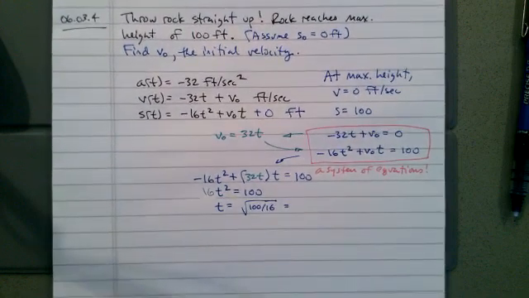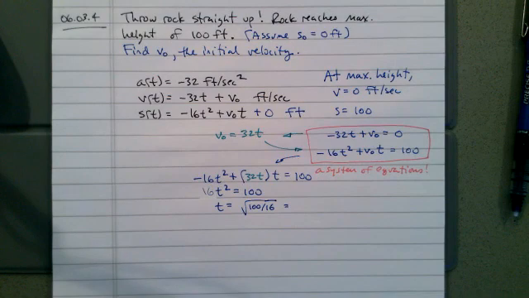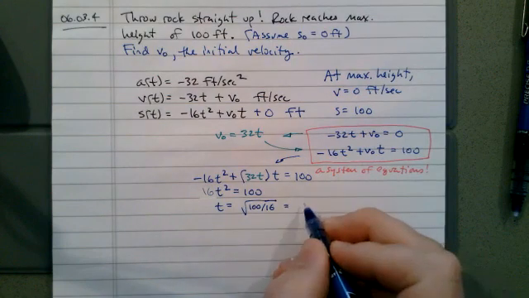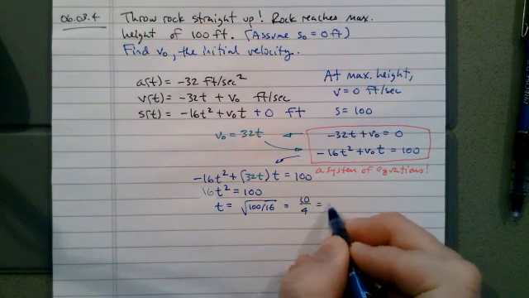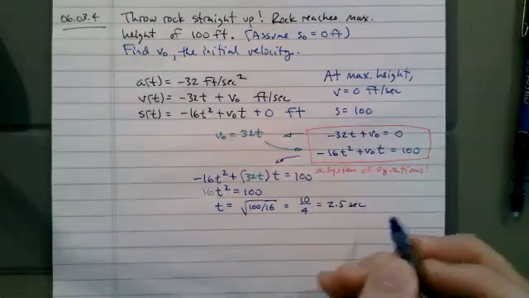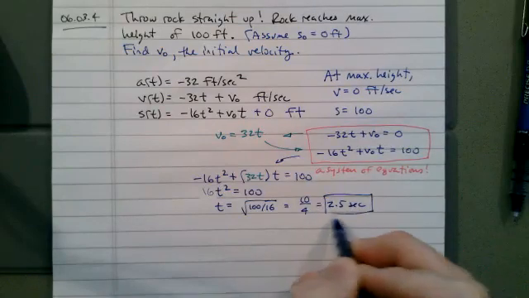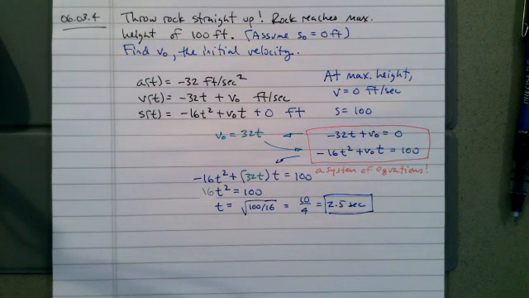That was before we threw the rock. So we'll have 10 over 4, or 2.5 seconds. So the maximum height, the 100 feet, occurs at 2.5 seconds.